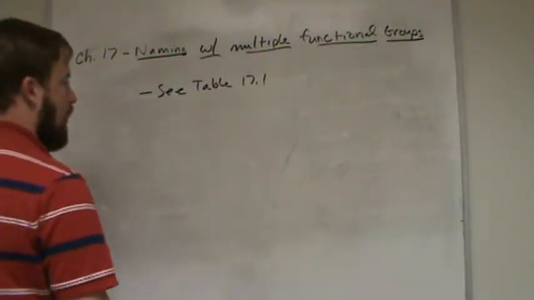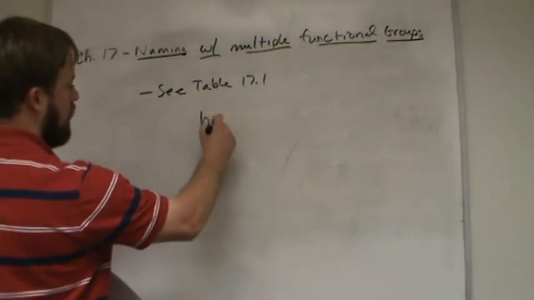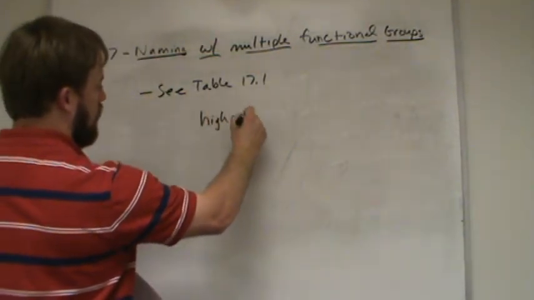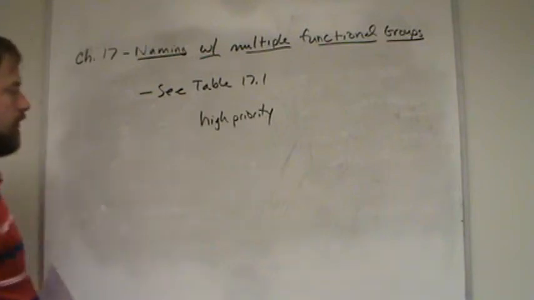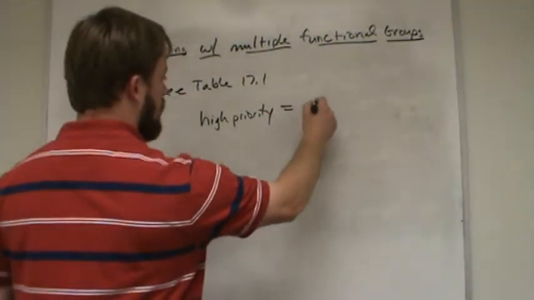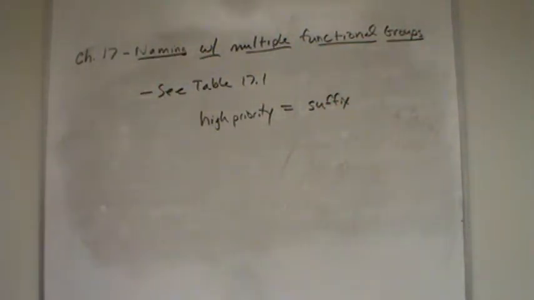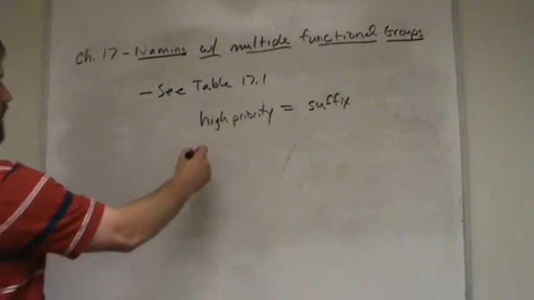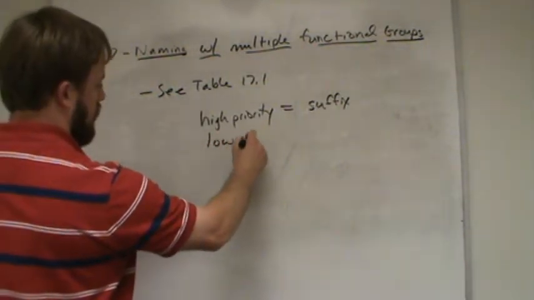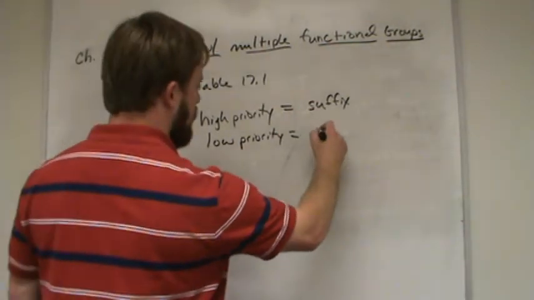If we have two functional groups, the high priority one we'll use as a suffix in naming. The low priority we'll use its prefix name.